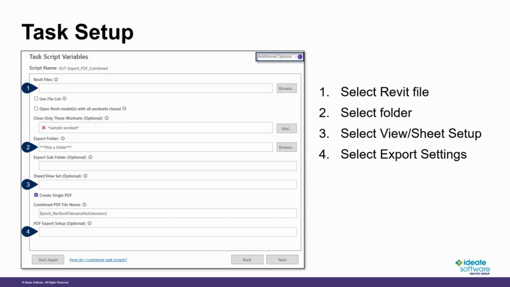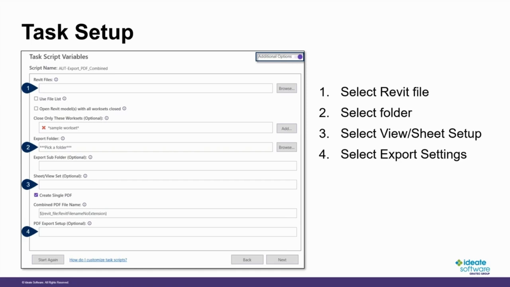And here we have our interface, and I wanted to point your attention here to the upper right-hand corner of the screen. This is one of those tasks that has the additional options available. So in most cases, actually I think in all cases, these template tasks will have additional options checked off, and it gives you kind of a simplified version of the screen.